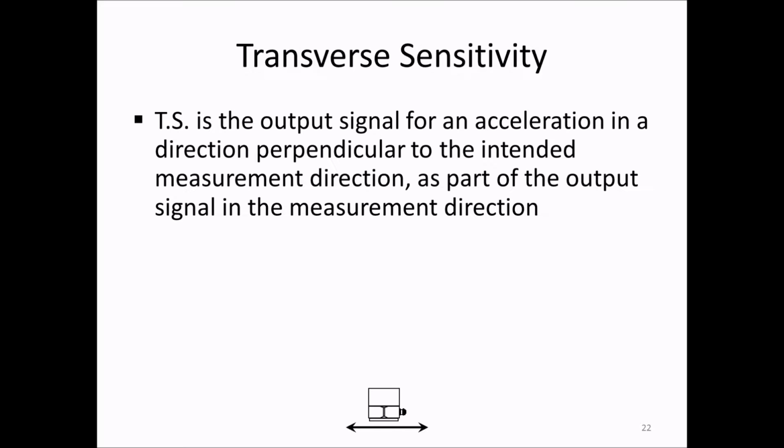The transverse sensitivity is the output signal for an acceleration in a direction perpendicular to the measurement direction, and related as a part of the output signal in the measurement direction.